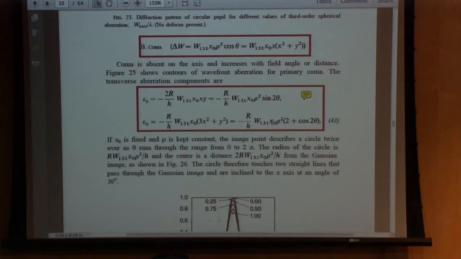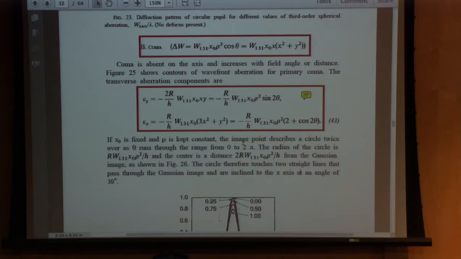So I'm looking at what happens to the light coming from a region in the pupil of radius rho. I see that we have the cosine and sine of 2 theta, so the image point describes a circle twice over as theta runs through the range from 0 to 2 pi.